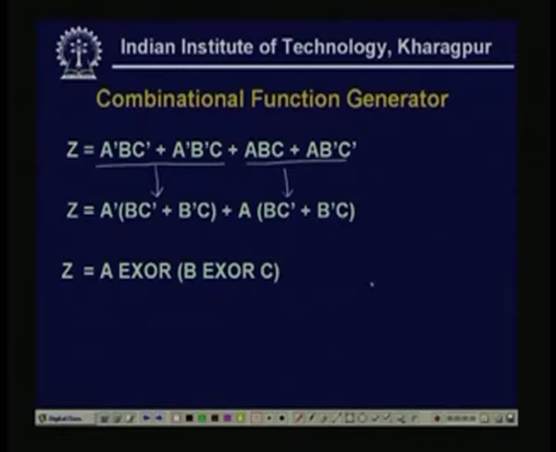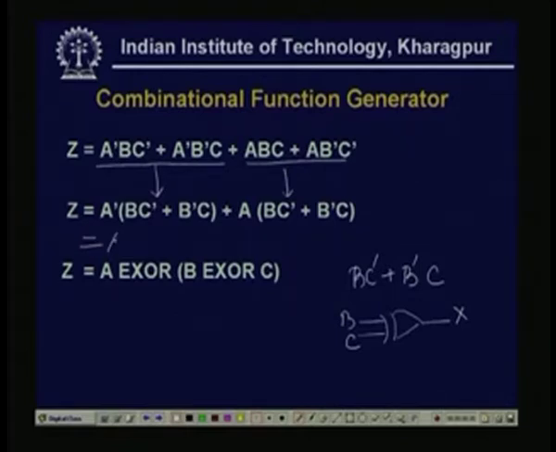Now, what is B C dash plus B dash C? This is nothing but B XOR C. So this is my B XOR C, let us call it X. So how does the expression become?